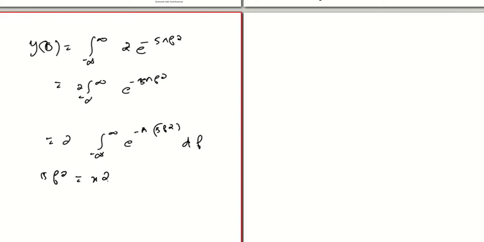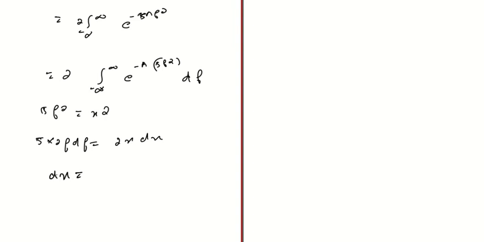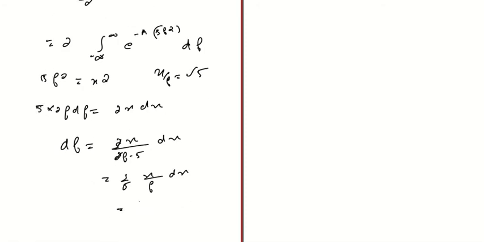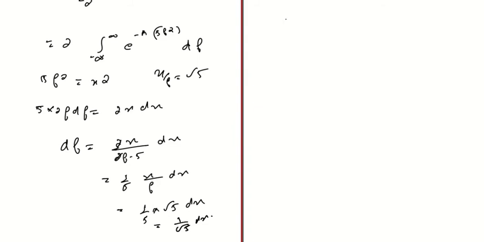Instead of 5 f square, we are going to write x square, and substituting that here, we'll get 2 into integral minus infinity to infinity e raised to minus pi x square into dx divided by root 5.